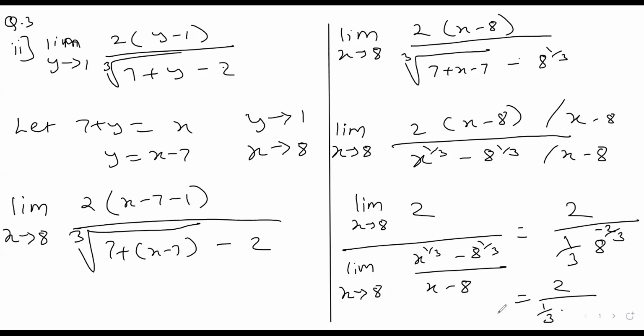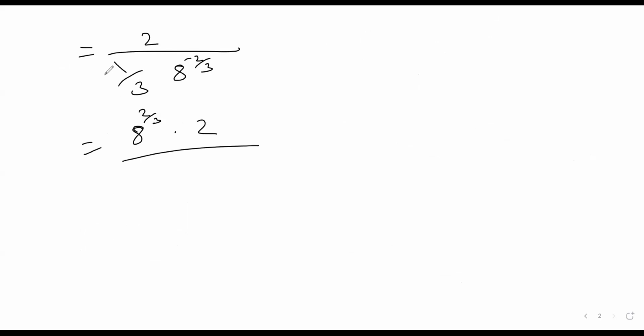Okay, the value of the limit will be 2 upon 1 by 3 into 8 raised to minus 2 by 3. By rules of indices, this will go up, so 8 raised to 2 by 3 into 2 upon 1 by 3, and the denominator of the denominator also comes up.